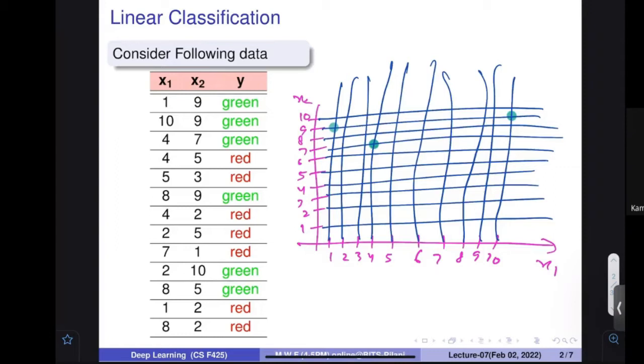And then 8, 9. Green point. And 2, 10. This is also a green point. 8, 5 is green. Am I right? All these green points are plotted.